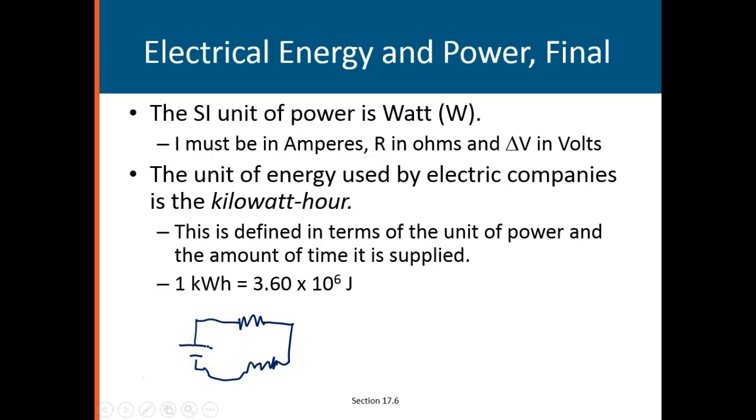Okay. Forget about the squiggly lines. This is resistor A. This is resistor B. In series with the battery. The resistance of A is twice that of B. So if this is R sub B, this is 2 R sub B. Twice the resistance of B. Which resistor dissipates more power?